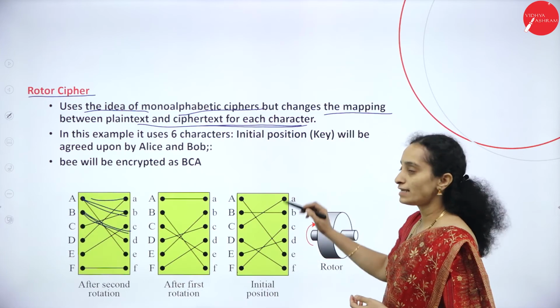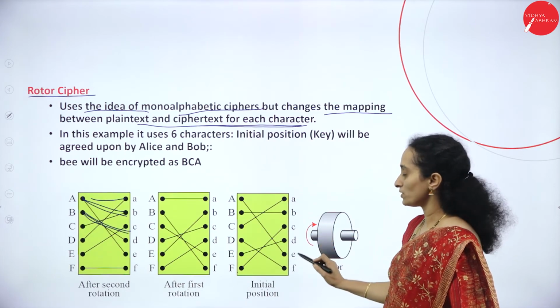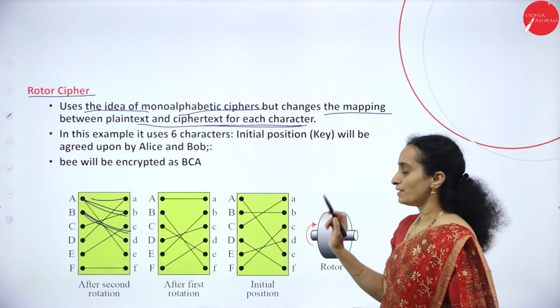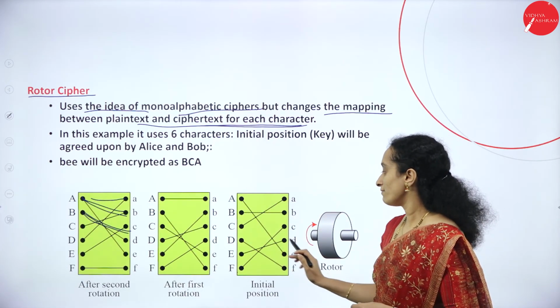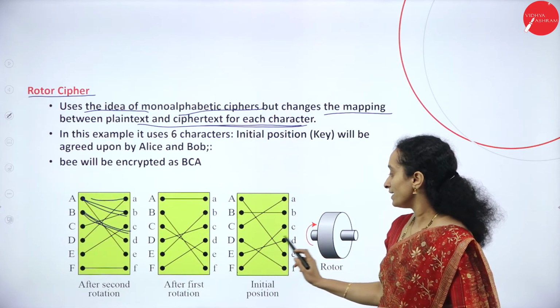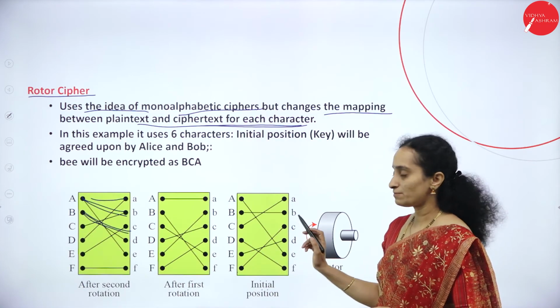This is the initial position. Initial position mapping will be done like this: A will be mapped to E, B to B, C to A, D to F, E to D, and F to C.